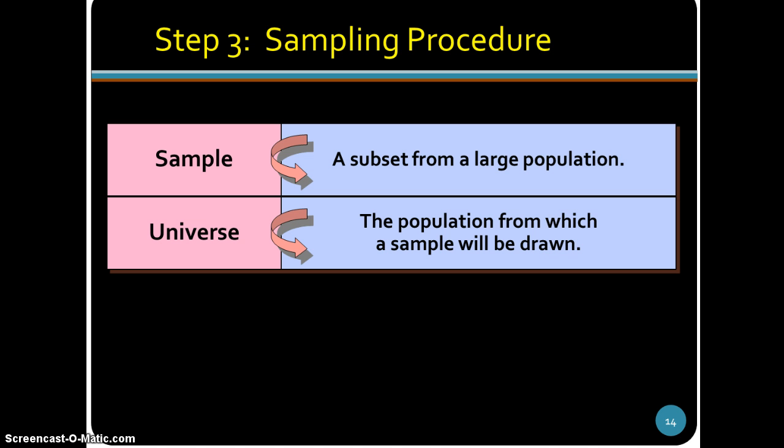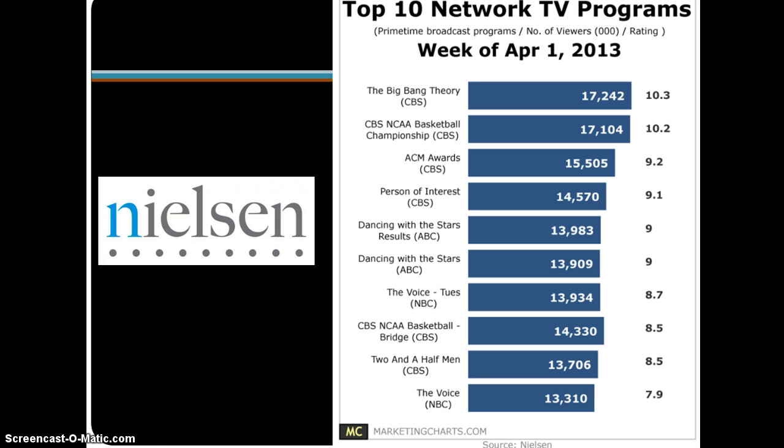So usually researchers will extract a sample or a subset from a larger population. A very common use of a sample is with the Nielsen TV ratings, and this is something that, as a consumer, you've come across, where big TV networks or broadcast companies will share information about how The Big Bang Theory had 10.3 million viewership.